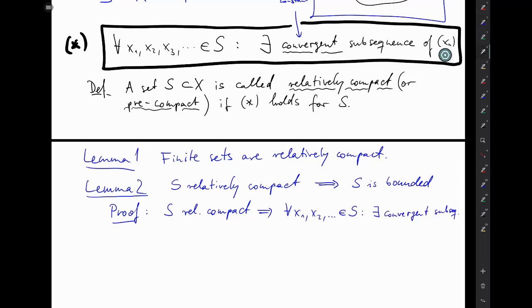Now it's actually easy to see that convergent sequences are bounded. So every sequence of elements from S has a bounded subsequence. From here, it's actually not difficult to conclude that the set S is bounded.